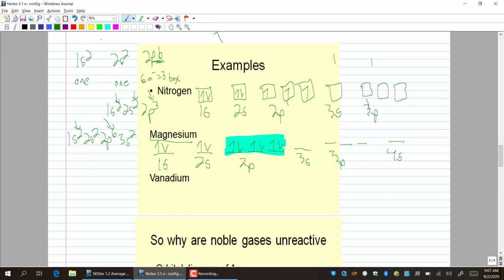That's just the way they go in. 3s only has 1. 3p is empty, and I'm done. That's an orbital diagram.